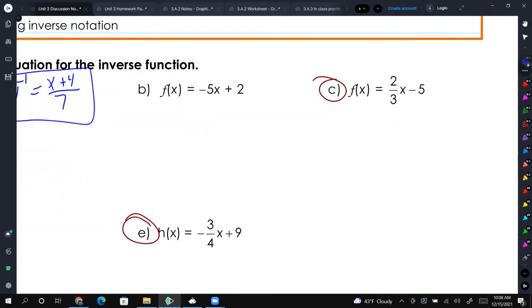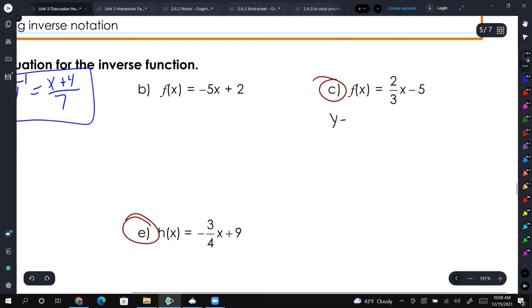For letter C, okay, it says f of x. So first we need to change this to say y equals 2 over 3 x minus 5.